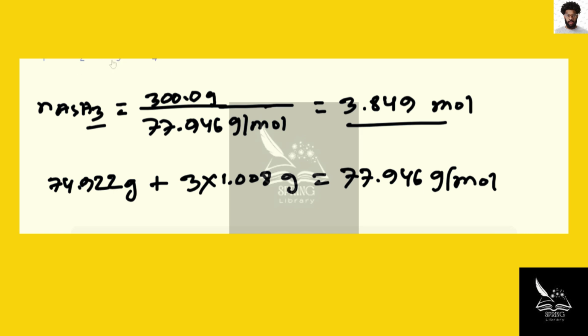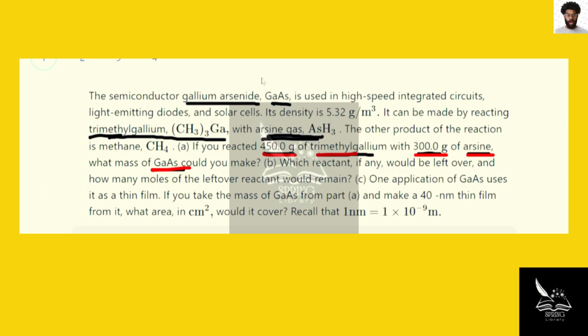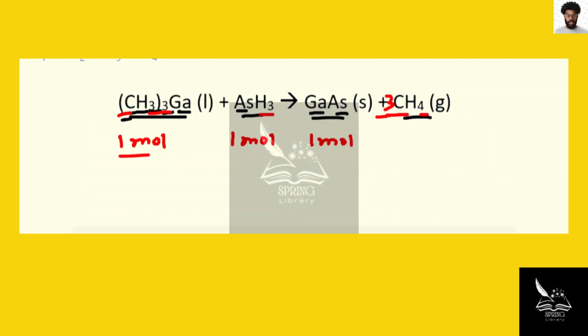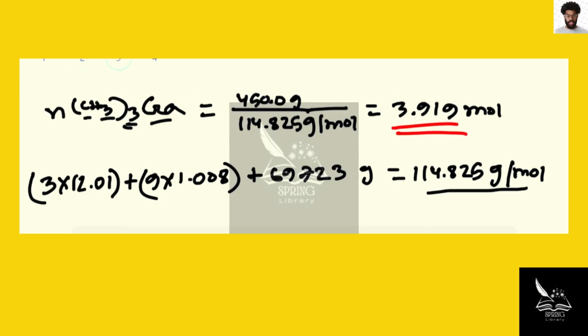So we have 3.849 mole arsine gas, and we have 3.919 mole trimethyl gallium. From the balanced equation, we can see that 1 mole of trimethyl gallium will react with 1 mole of arsine gas. That means 3.849 mole of arsine gas will react with 3.849 mole of trimethyl gallium.